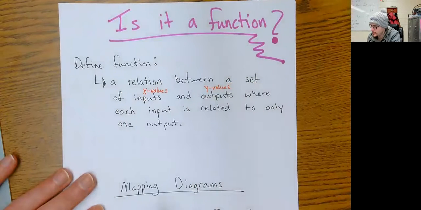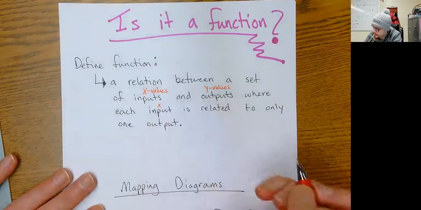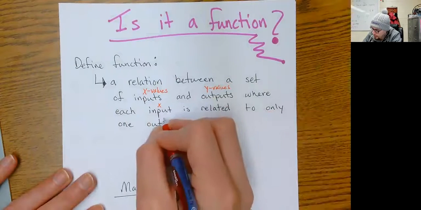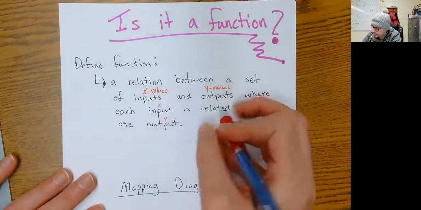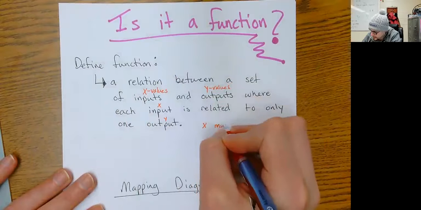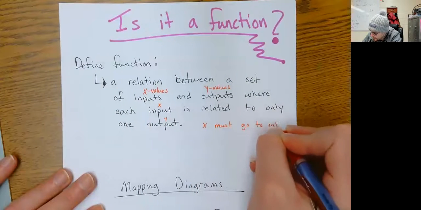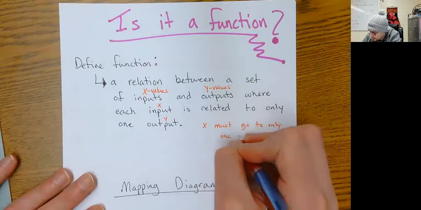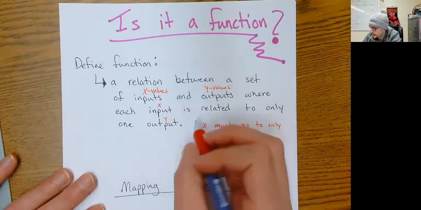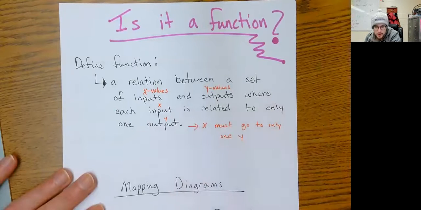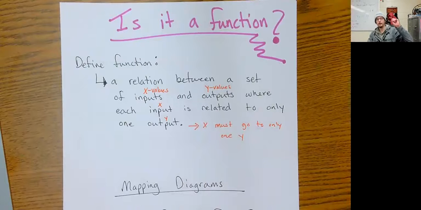So what this is saying is that for each x, it is only related to one y. So every x must go to only one y. That is the rule. Every x must go to only one y.